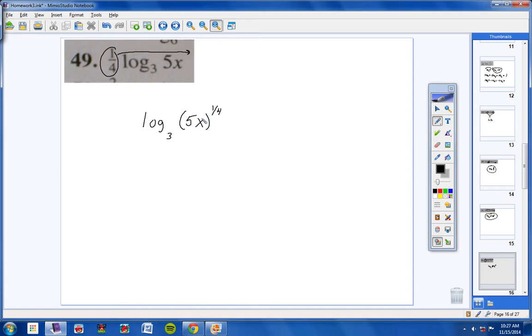Now, in the end, they really want you to do this. I would like you to do this also, okay? 1/4 power means the 4th root. So there we go. That's really, and I'll try to remind you of that on tests and quizzes. That's really how far you want to take it, okay? All right, number 49 is correct.